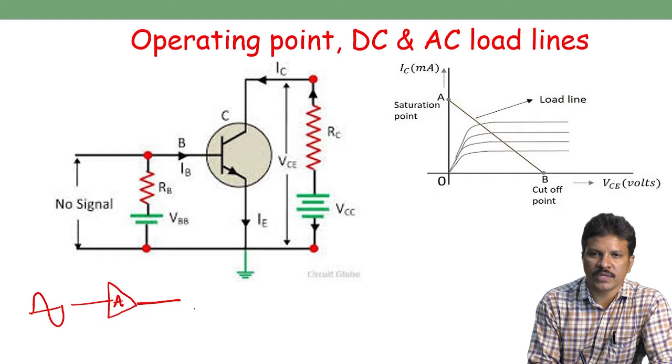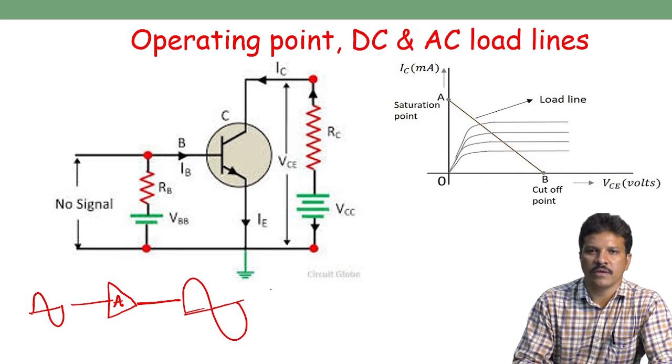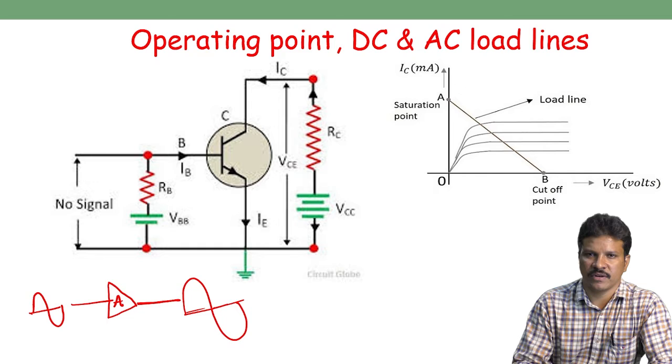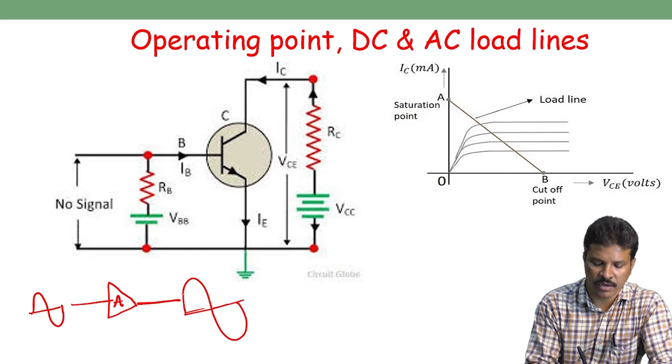The amplifier circuit is a circuit which can strengthen the given weak input signal without losing any information, without suppressing either direction, positive and negative direction of this signal. That is called faithful amplification.